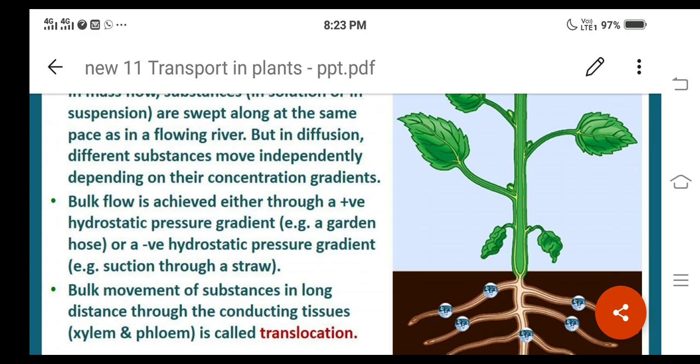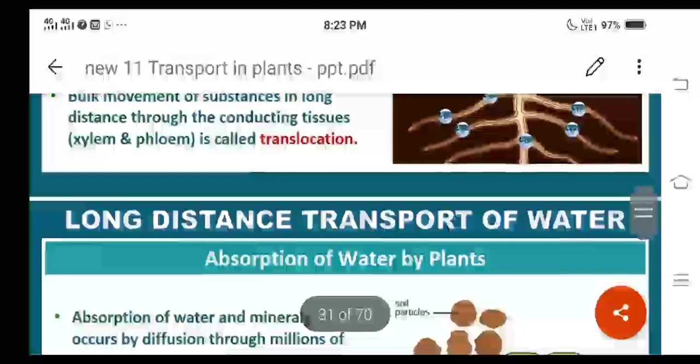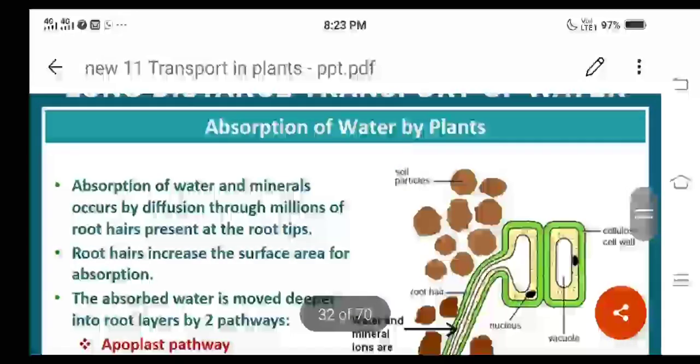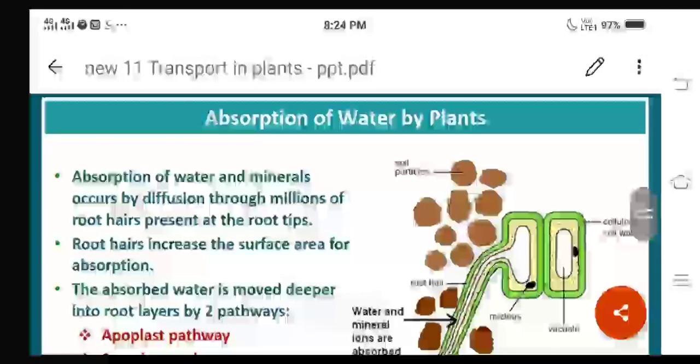Let us move on to one more concept, the absorption of water by the plants. Here we know which part will absorb the water. In a flowering plant, which part of the plant will absorb the water?